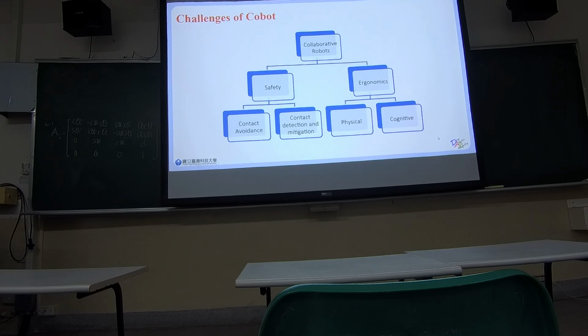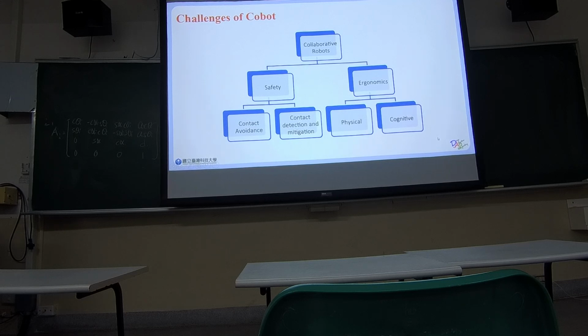The effective integration of this technology allows cobots to flexibly perceive environmental changes and respond rapidly. However, relying solely on contact avoidance is not sufficient to ensure safety, leading to another major challenge: contact detection and mitigation.